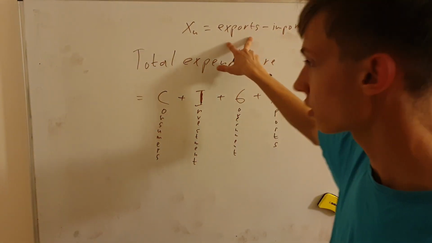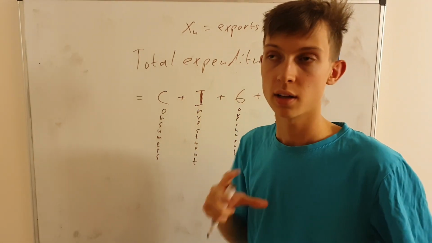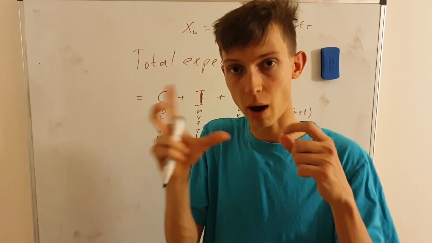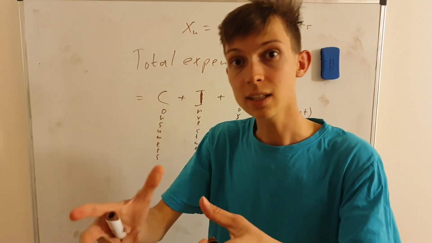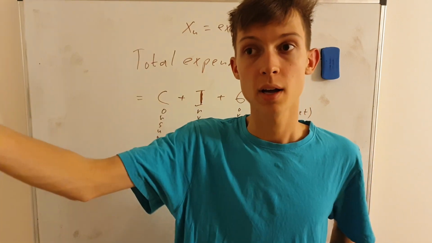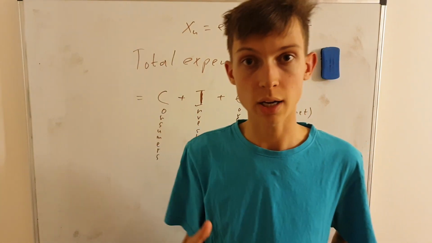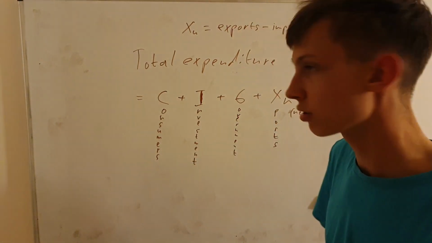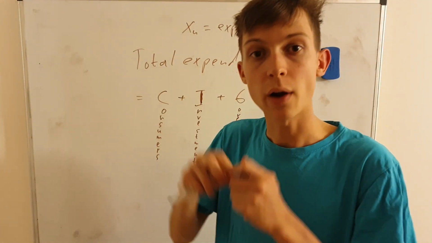But when exports, that means products that are bought by other countries from our country, exceed the imports, namely those things that are bought by our country from other countries, that means other countries are making bigger expenditures to us than we are making to them.